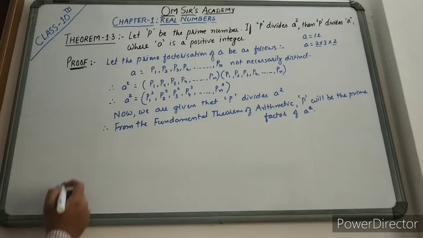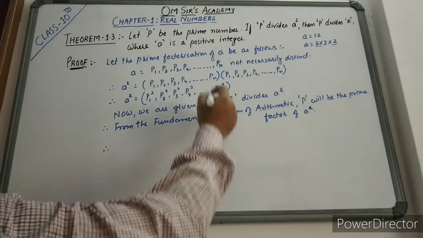Is it clear? However, the uniqueness of the fundamental theorem of arithmetic says that the only prime factors of a square are only this one.